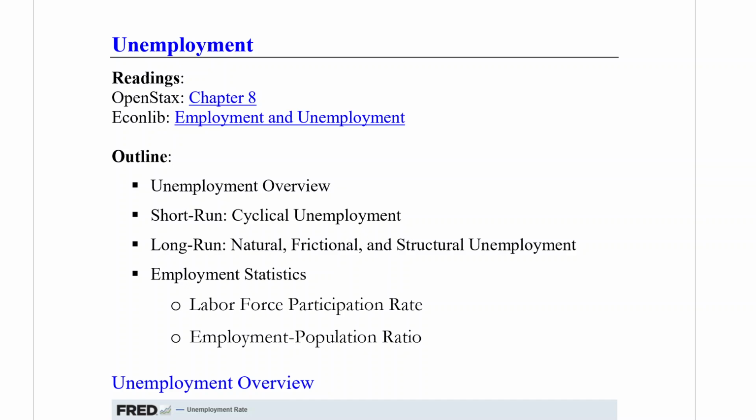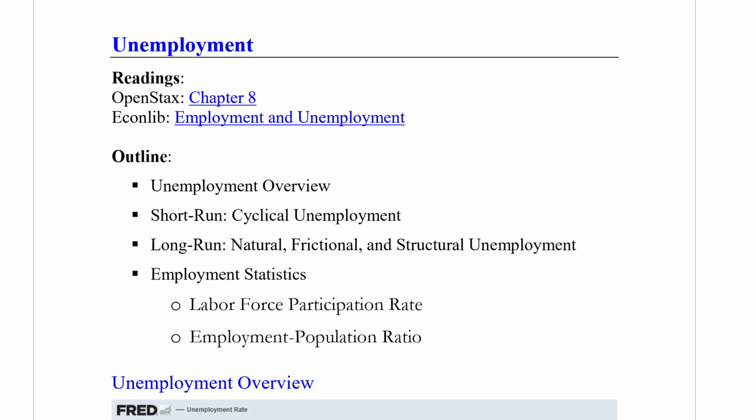We're going to look at a couple other different statistics as well and talk about some of the pros and cons of each of these measurements, and what exactly the unemployment rate is, and how it doesn't capture some of the important things going on in the labor market.